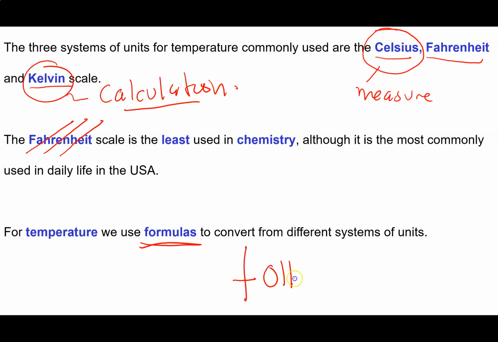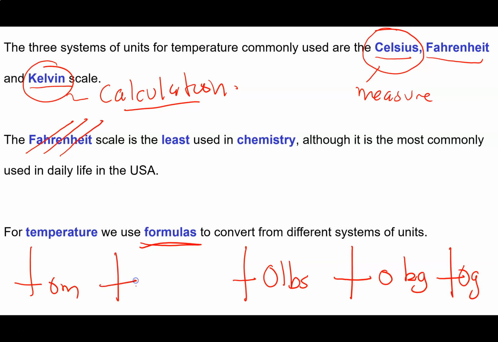So 0 pounds is exactly the same as 0 kilograms, which is the same as 0 grams, right? They all have the same 0 point. 0 meters is the same as 0 kilometers, which is the same as 0 miles.